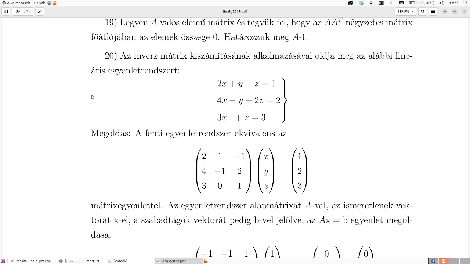This is the meaning, the importance of everything. Actually, I never met matrix equations, but I had such a task many times.